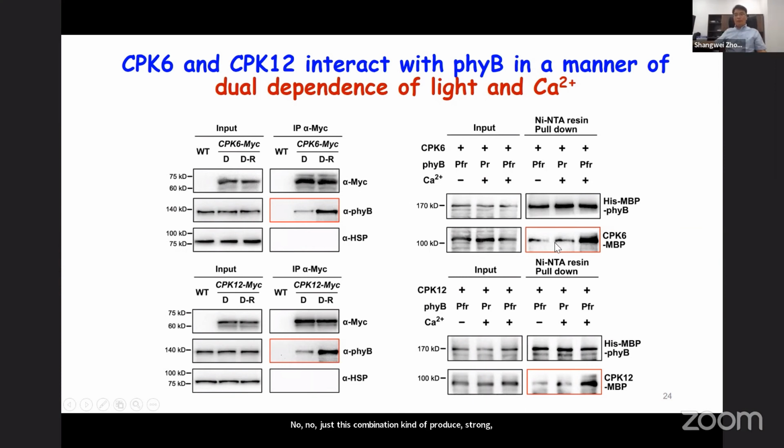The strength is very weak. However, only when PhyB is photoactivated by the red light and the CPKs are activated by calcium at the same time, then the interaction will be very strong. So the interaction is dually dependent on light and calcium.